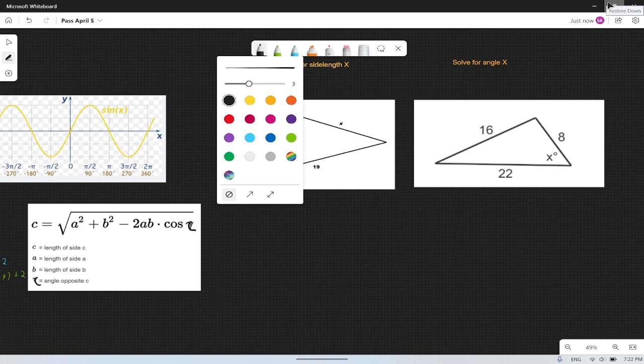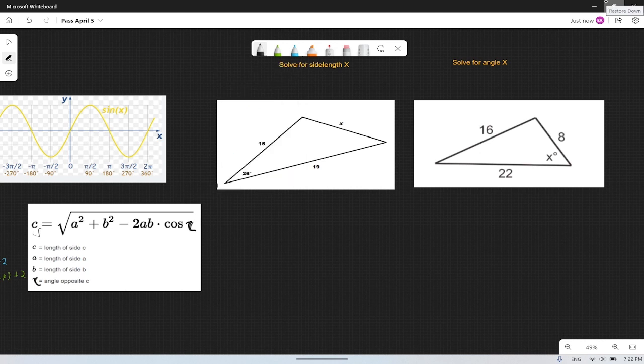There's one formula here that is arranged to find the side length that we have here. And then there's another formula that is arranged to find this angle C, which I'll show you how to do in a second. So we're trying to find a side length X. So that will be our C in this case. These two angles are grouped together.